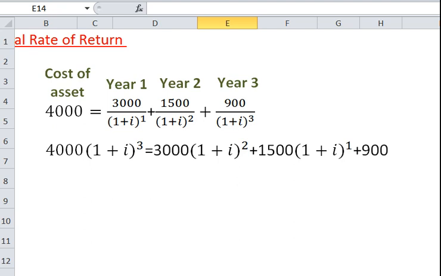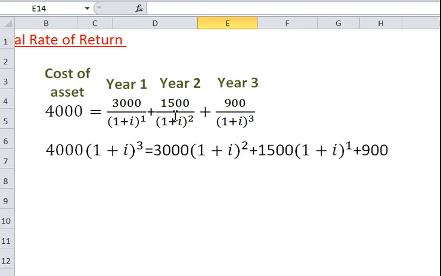So you can see if we try to solve it, we'd have to multiply each side of the equation by 1 plus i cubed. So we'll multiply 4,000 times 1 plus i cubed, which is just 3,000 times 1 plus i squared, because this one here divides it, plus 1,500 times 1 plus i to the power of 1.